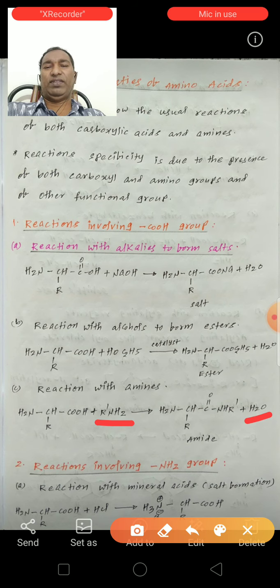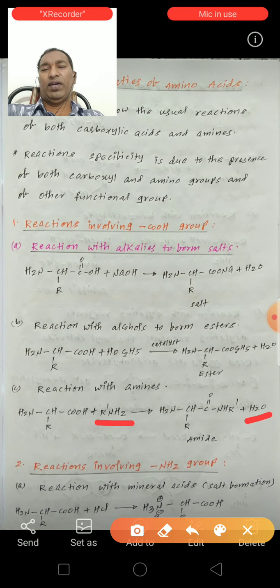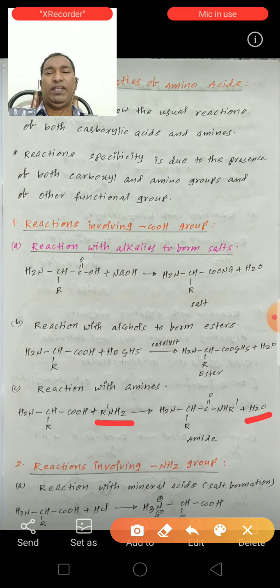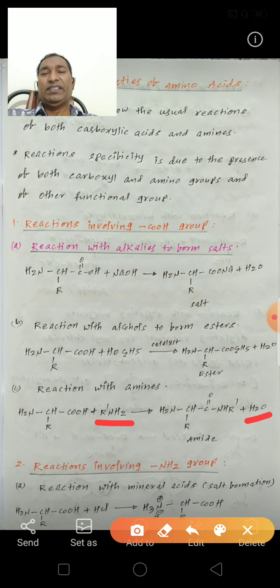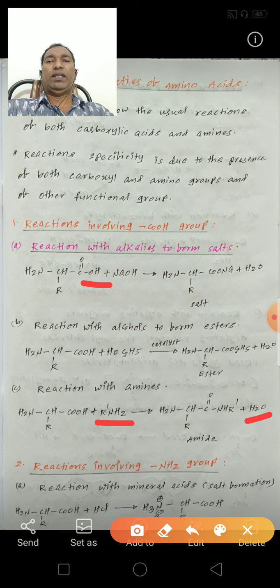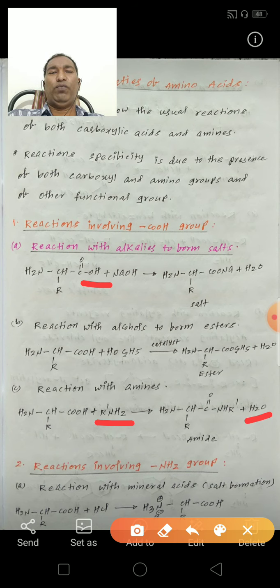Amino acids react with sodium hydroxide base to form a salt, with ethyl alcohol in the presence of a catalyst to form an ester, and with amines to form amides. In these three reactions, only the COOH group of amino acids is involved in the formation of the product. So these are the reactions involving only the COOH group.